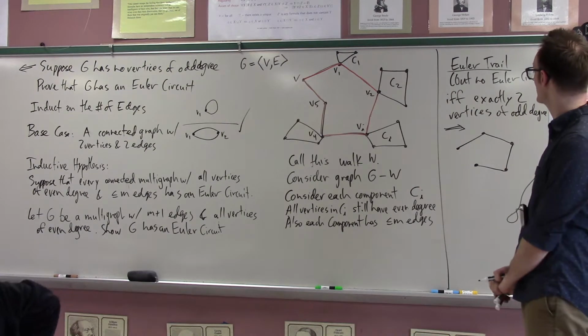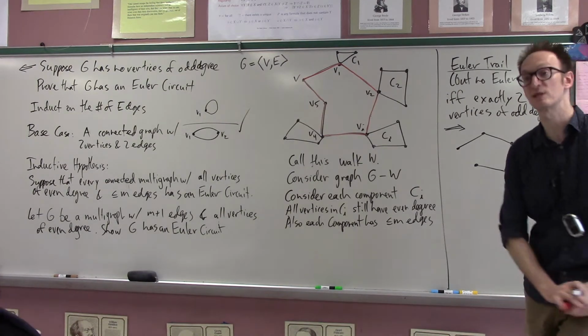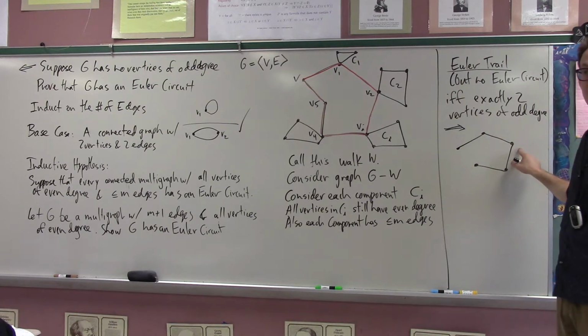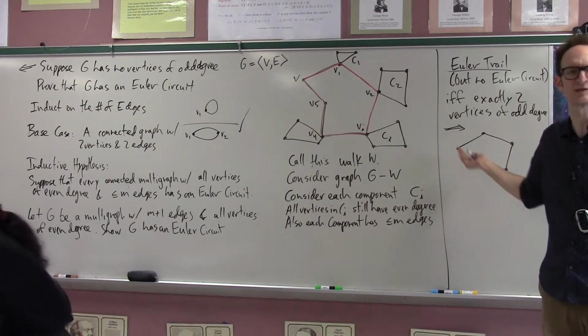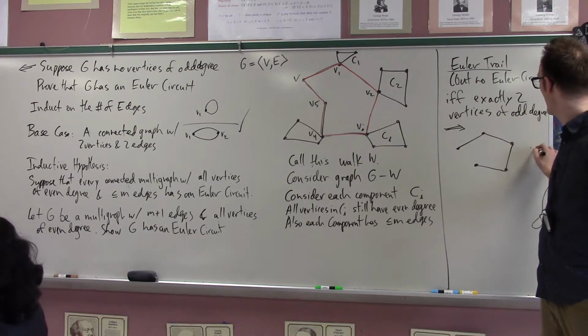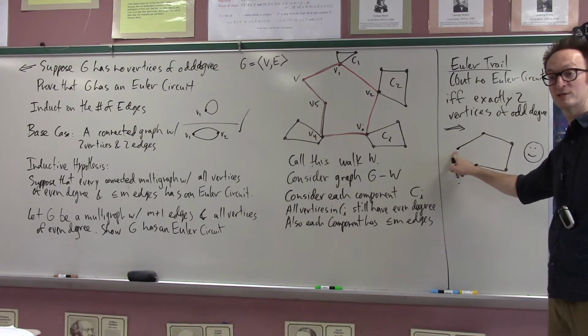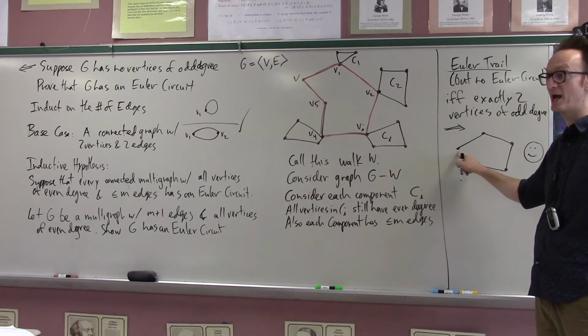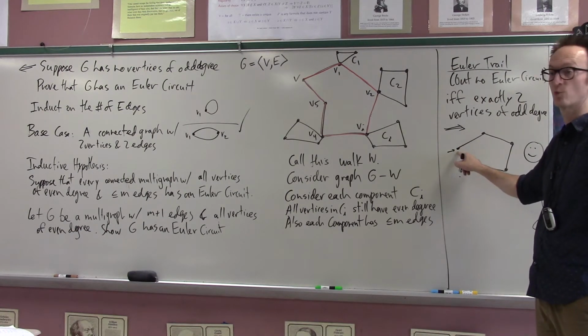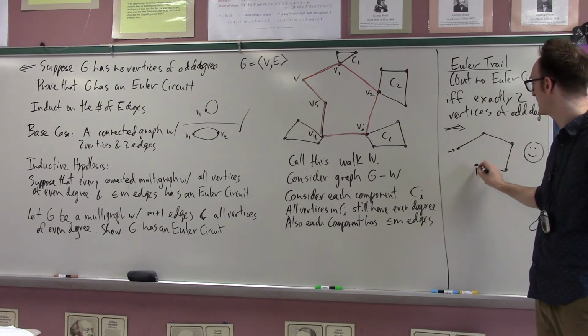Well, if I've used every single edge, then every internal vertex must have even degree, this is just trivial, right? But also the first vertex must have odd degree because I start here, I use 1 degree going out, and I use 1 degree ending.